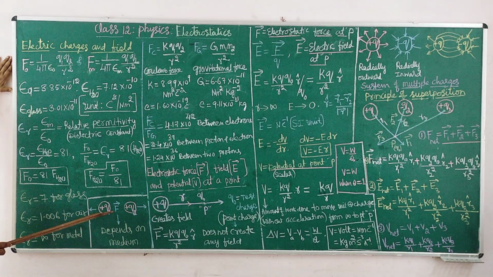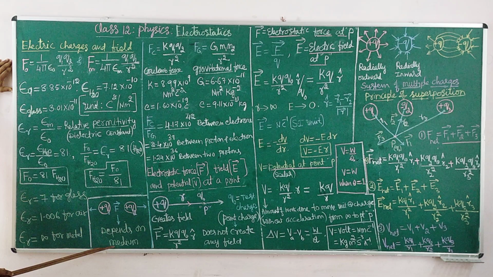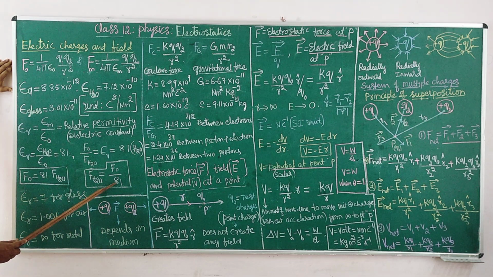If you put liquid water in between these two charges, the electrostatic force, that is F, is reduced by 81 times. If you remove water, it increases by 81 times.